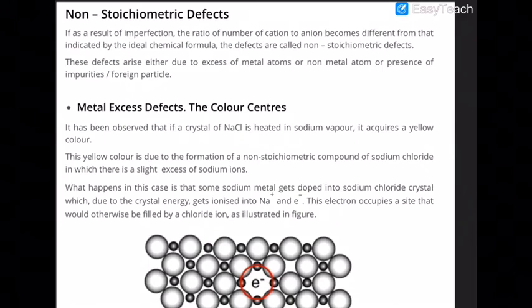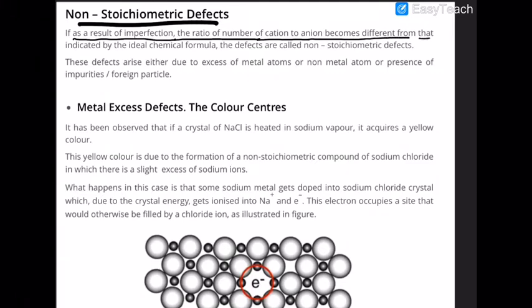In case of non-stoichiometric defects, as a result of imperfection, the ratio of the number of cations to anions becomes different from that indicated by the ideal chemical formula. It means wherever these defects occur, they will change the formula of the compound.